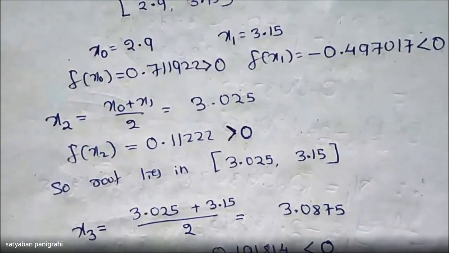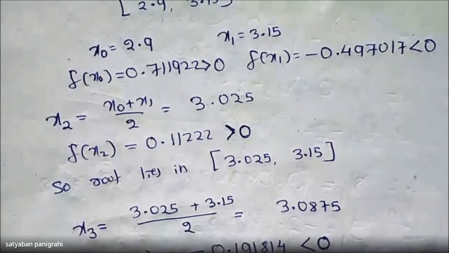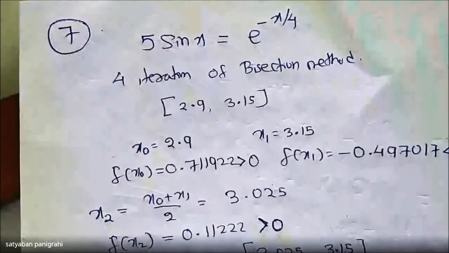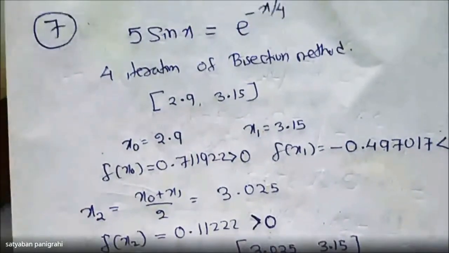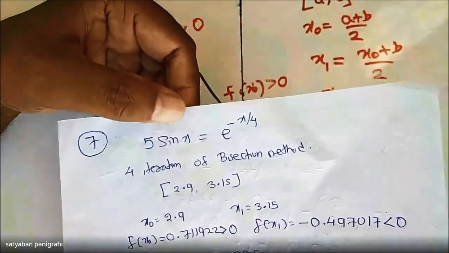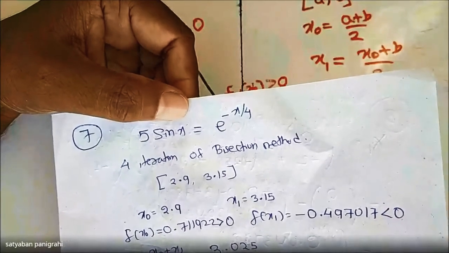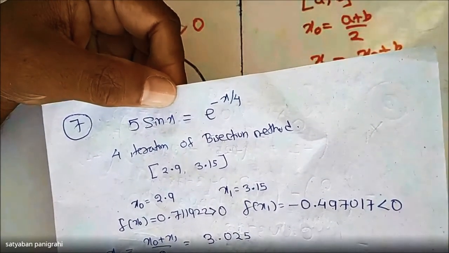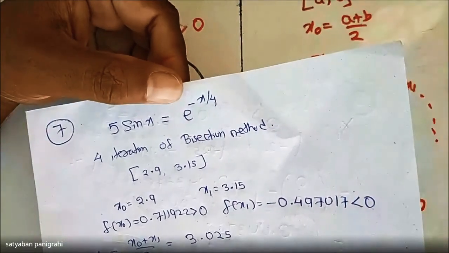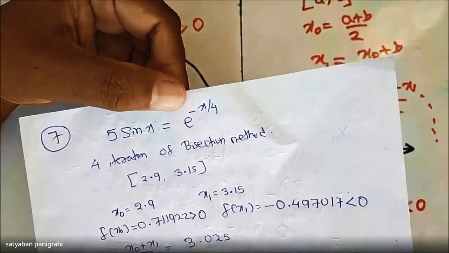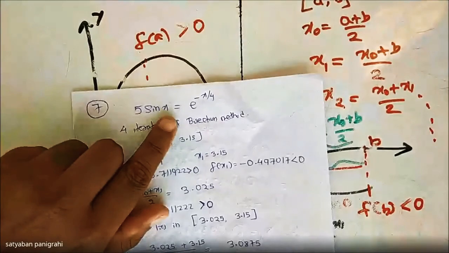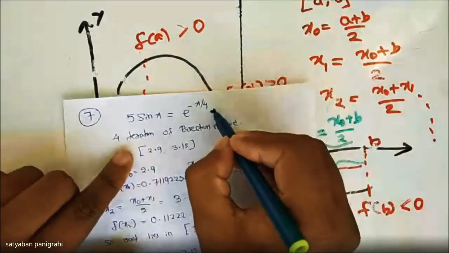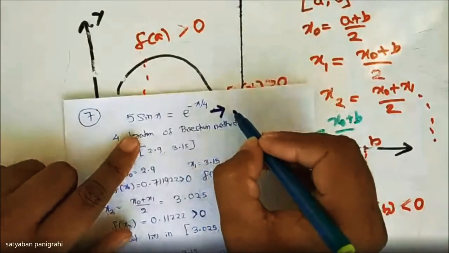After that, I computed the value of f of x2, where x2 is 3.025. Put 5 sin 3.025 equal to e to the power minus x by 4. Look carefully, to find the root there is one catch. First you have to convert this into the form f(x) equal to 0.